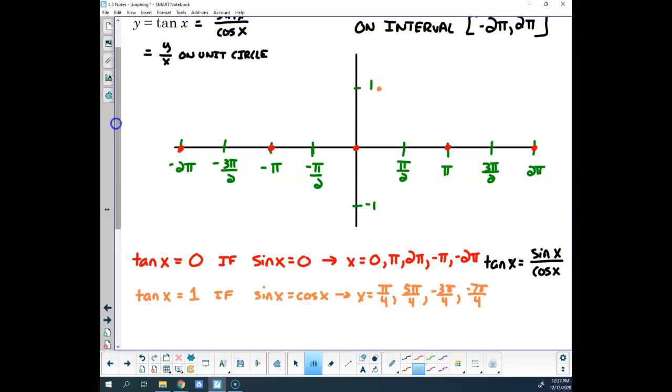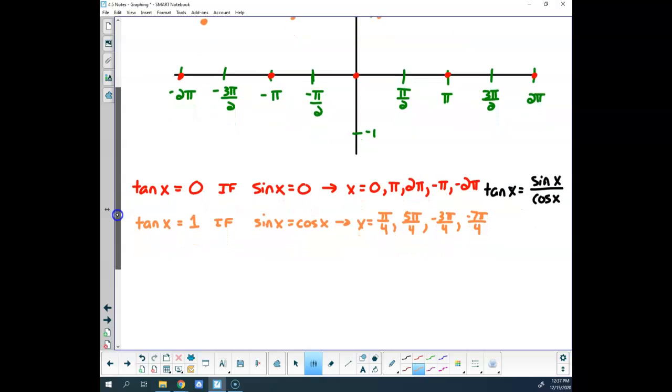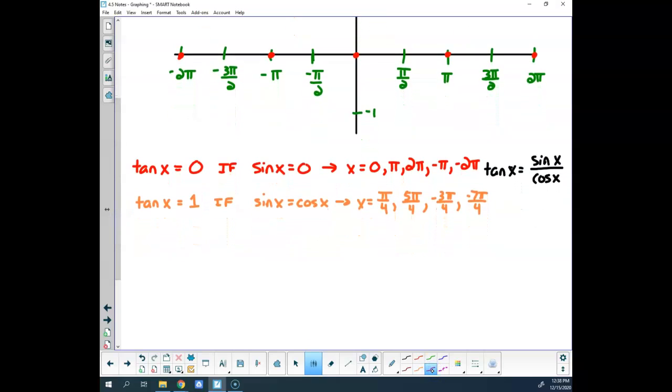That's here, here, there, there. When will tangent be negative 1?